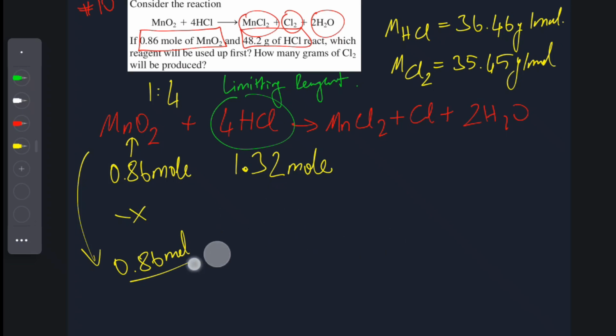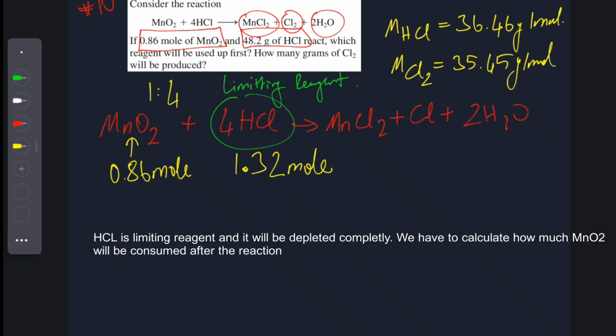But how much HCl will be consumed? HCl is the limiting reagent, and we have to calculate how much goes from the HCl.